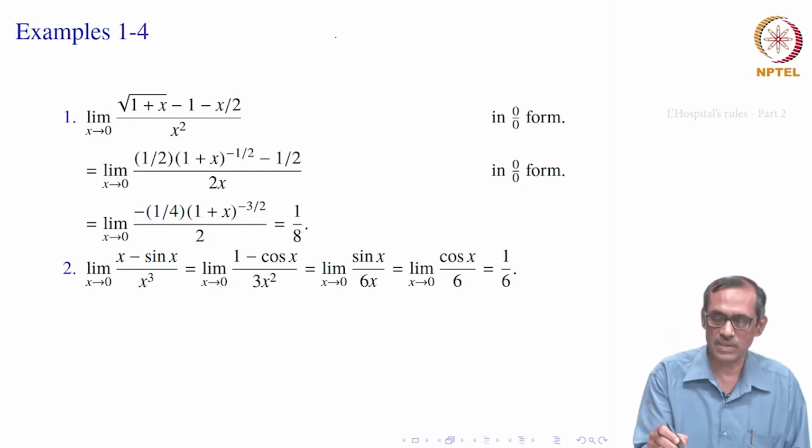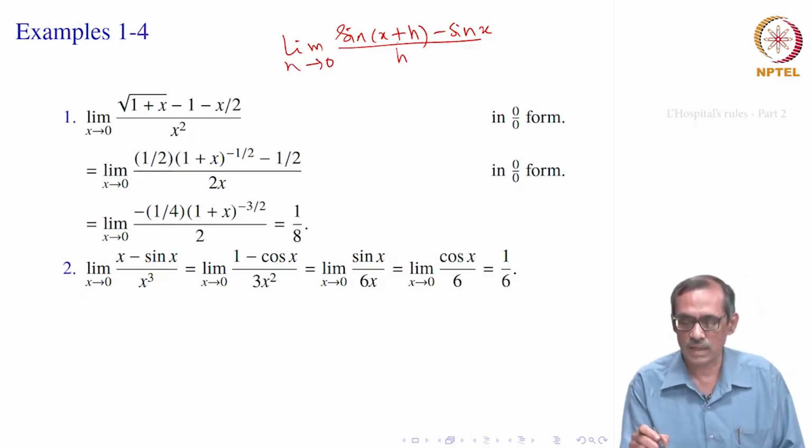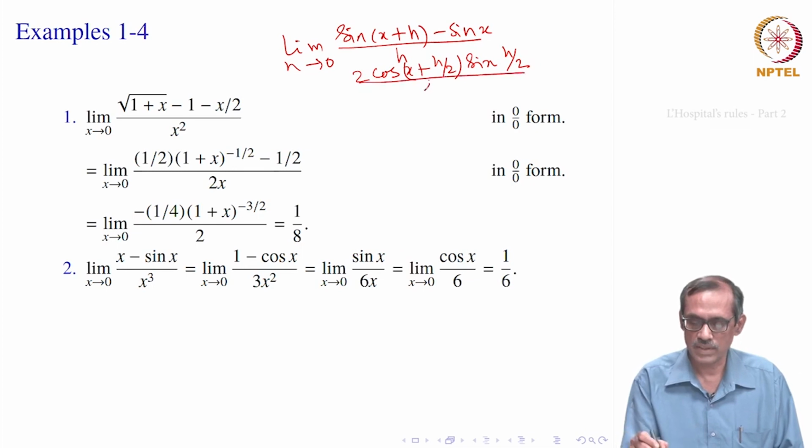The derivative of sin x will be the limit as h goes to 0 of (sin of x plus h minus sin of x) divided by h. Then you use your sin a plus b formula or even the half angle formulas. That will give you 2 cosine (x plus h by 2) into sin of h by 2, divided by h. So, these 2 we can bring here as h by 2.